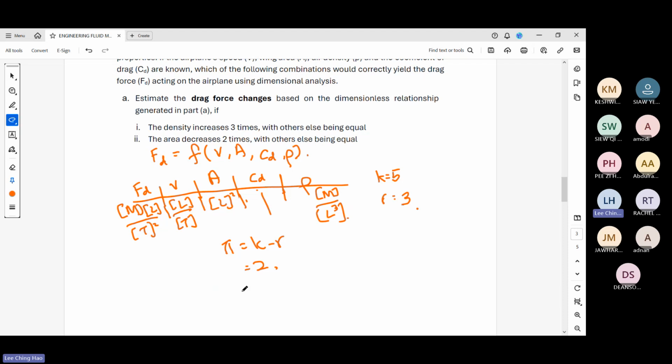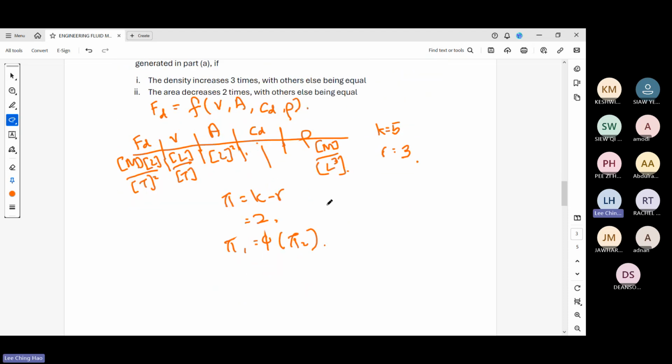Two means you need to do pi 1 and pi 2. Since you know you need pi 1 and pi 2, you need to decide your repeating and non-repeating variables.